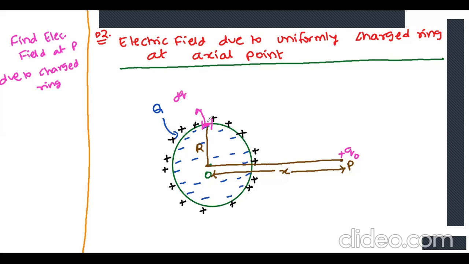Due to this small element, a small electric field will act at point P, such that this small electric field makes an angle theta with respect to the axial direction.